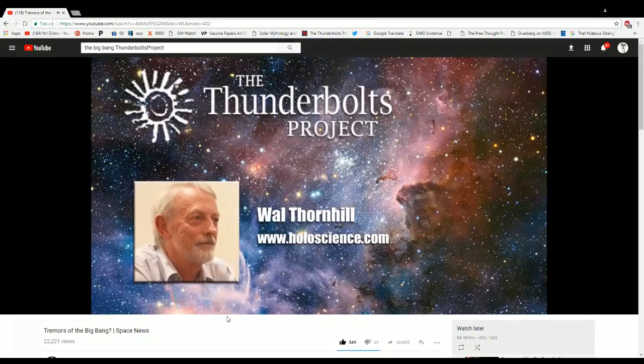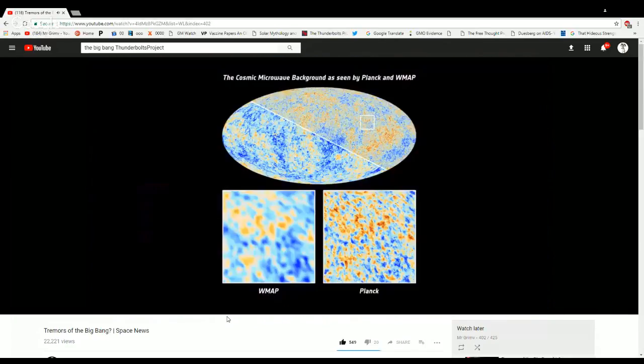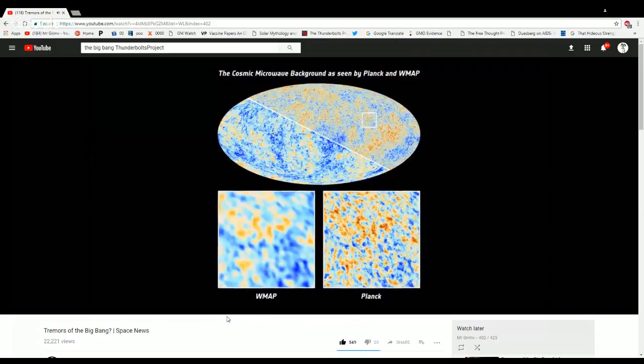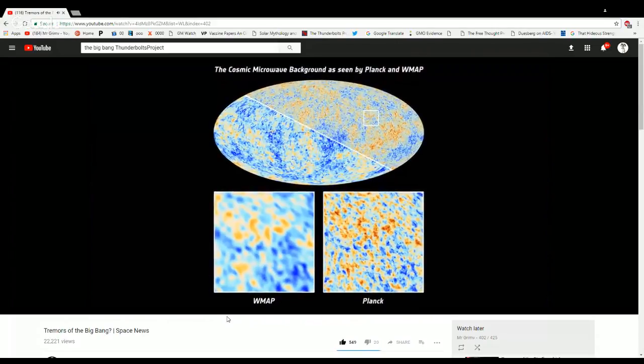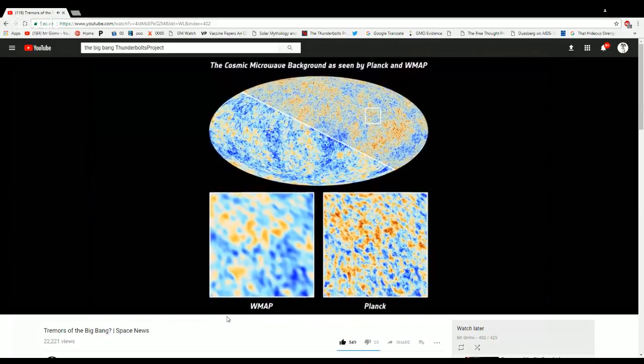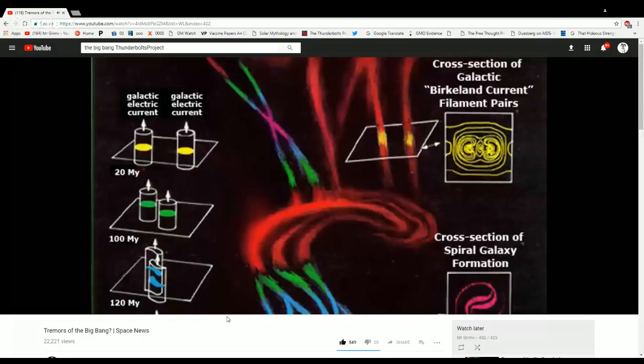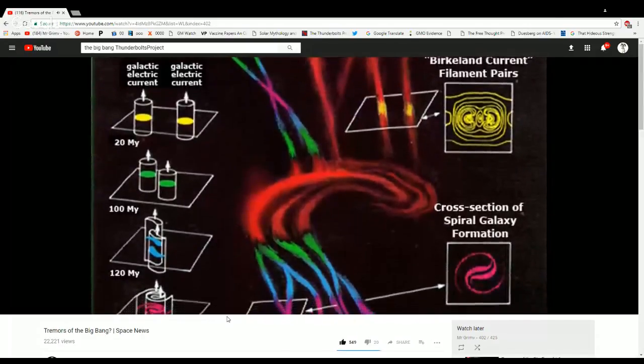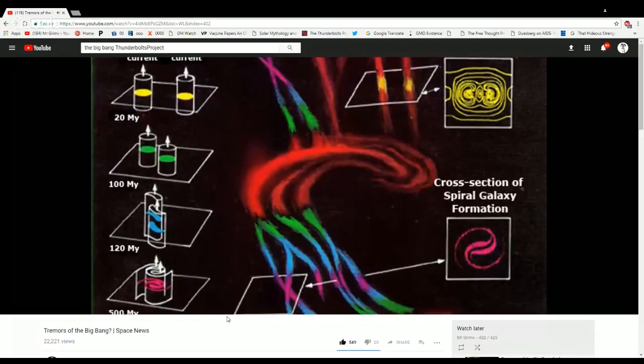If it were a background radiation, you would expect that foreground objects would shadow that background radiation, and we don't observe that. The electric universe says that the radiation is actually foreground radio waves from the electric currents that flow through the galaxy in the form of twisted Birkeland currents.